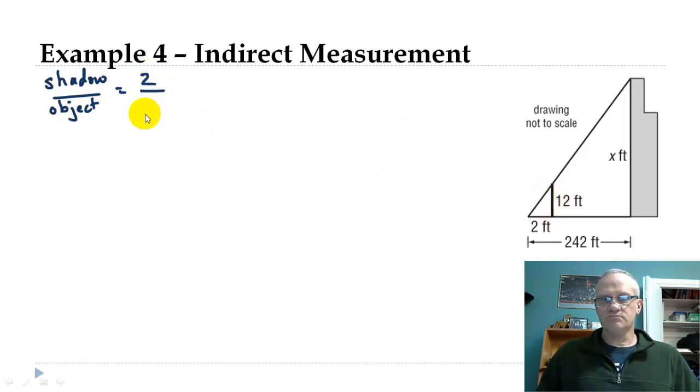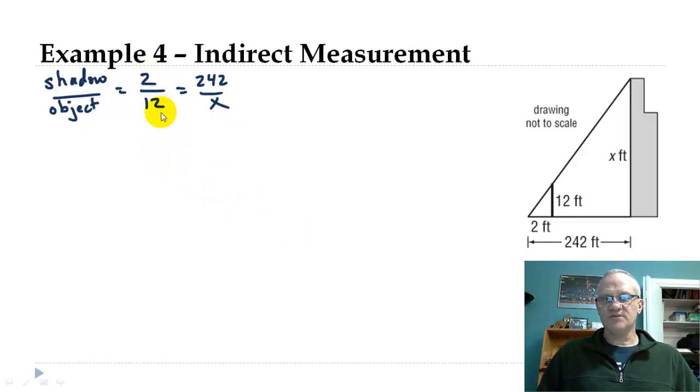The light pole is 12. Now the Sears Tower, since we did the shadow on top, the shadow of the Sears Tower is 242, and the actual object, the Sears Tower, is X. Okay, so there's our proportion.